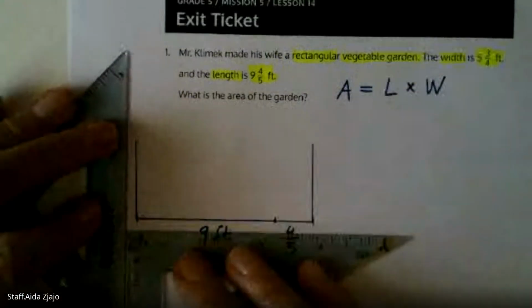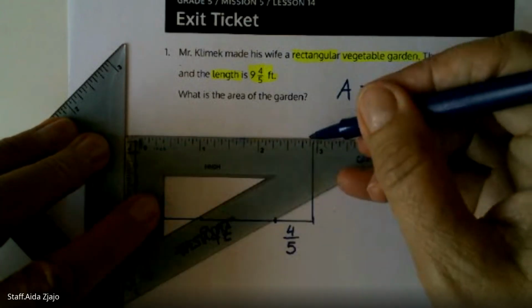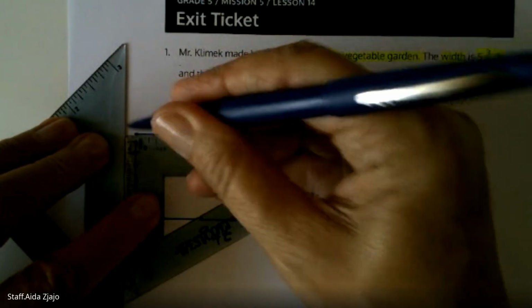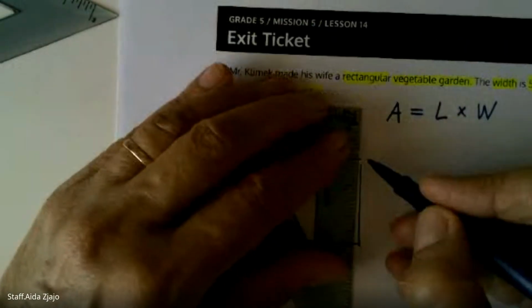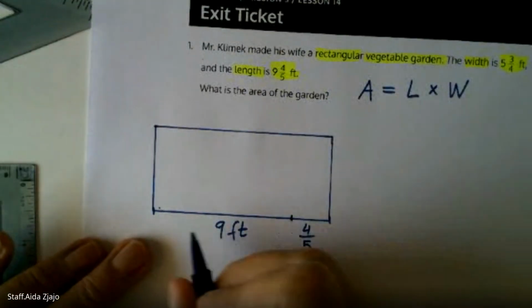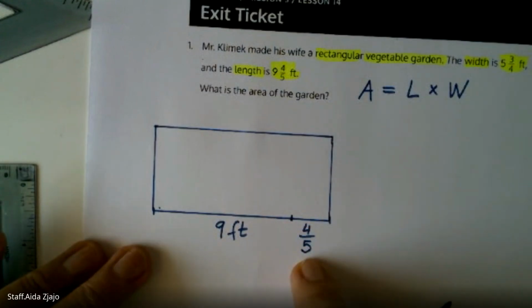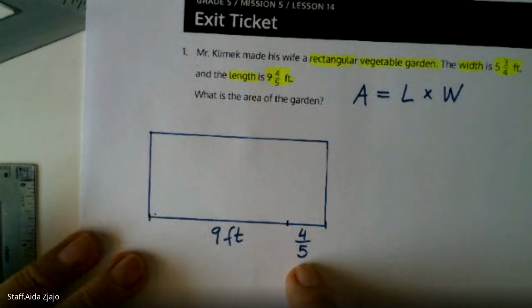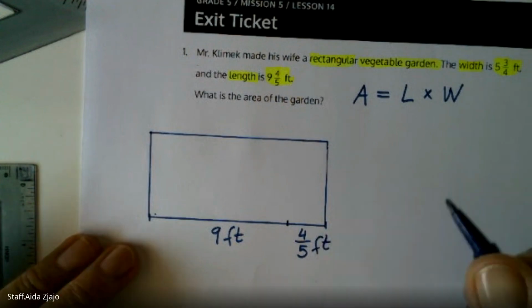Okay, so this is a garden. I already chose that this length will be 9, and then this little part will be 4/5 of a foot. I'll label that feet.